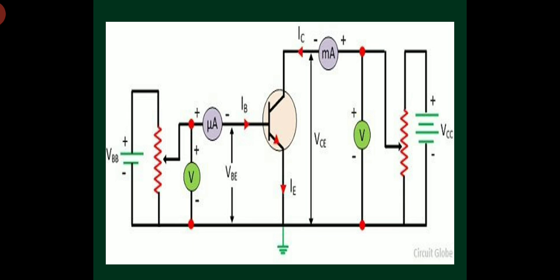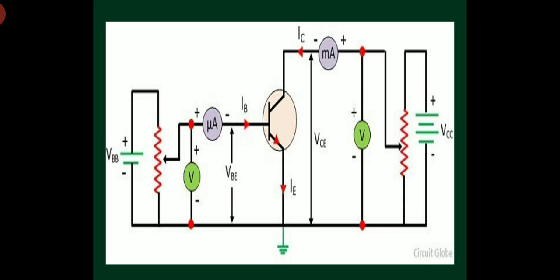IB is in the microamp level. The current IB is very small compared to IC and IE. IC and IE are in the range of milliamps, and IB is in the range of microamps only. It is a very small current. Likewise, on the output side, the output junction must be reverse biased. To make the NPN transistor reverse biased at the output junction, I am connecting the positive of VCC to the collector terminal and the negative to ground.